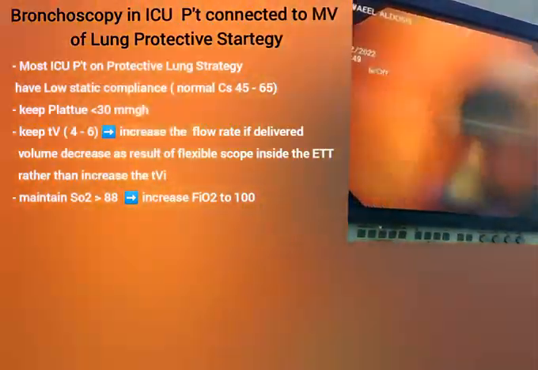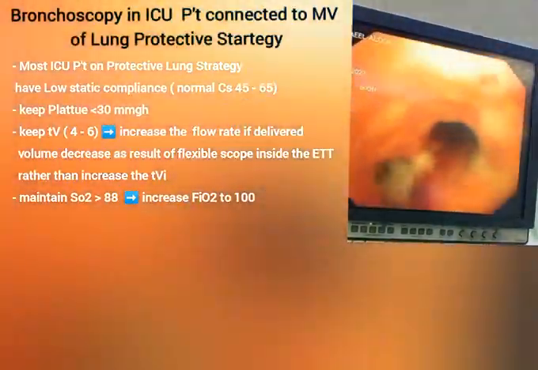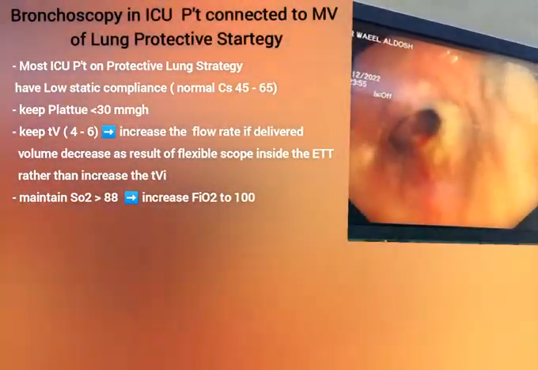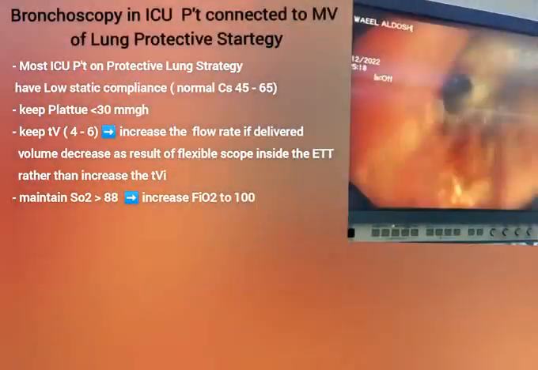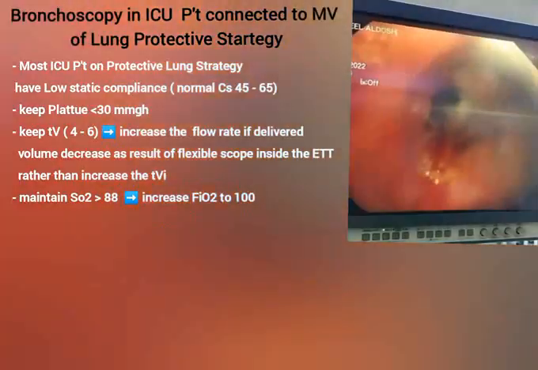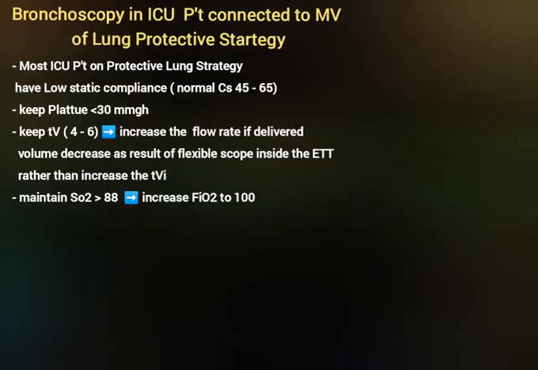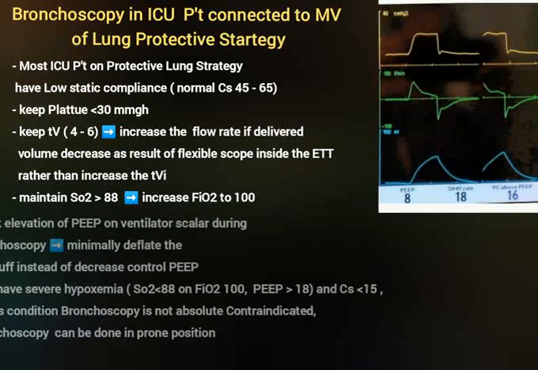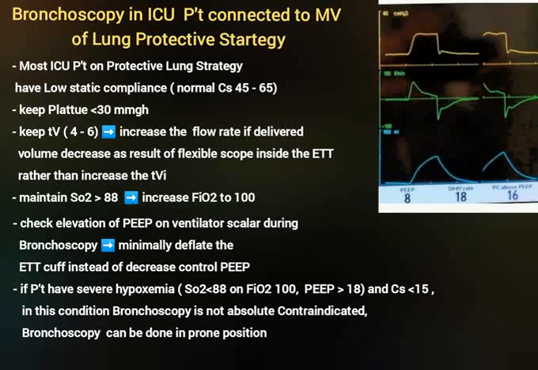Increase the flow rate if the delivered volume decreases as a result of the flexible scope inside the endotracheal tube, rather than increasing the inhaled tidal volume. Maintain the oxygen saturation more than 88, and if it is low, increase the FiO2 to 100. Check for elevation of PEEP on the ventilator scalar during bronchoscopy.